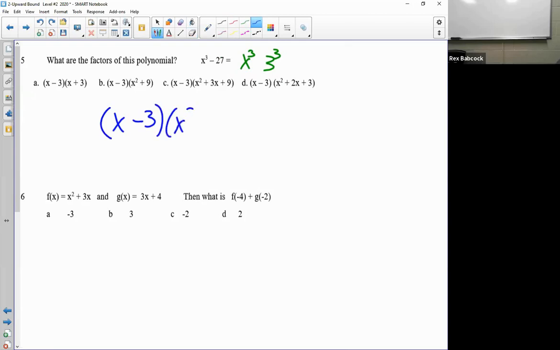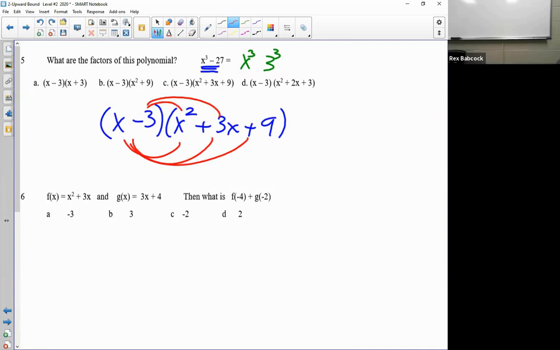Square the first one for the first one, square the last one for the last one, change the sign, and multiply them together. And if I care to start foiling this or multiplying it out, it should equal this right here. And to me, that was amazing. I always want to start doing the FOIL and see if it works. But if you do the FOIL, it really works.